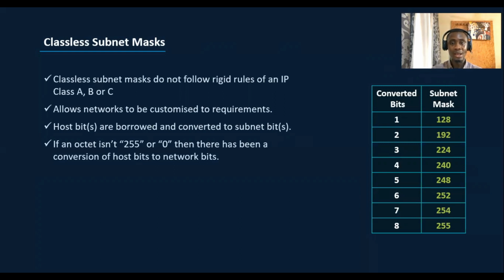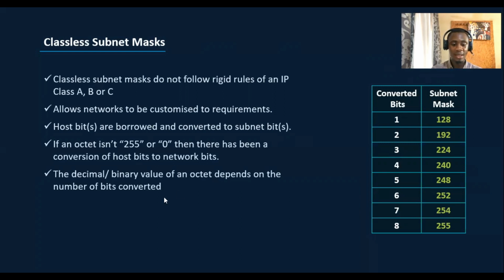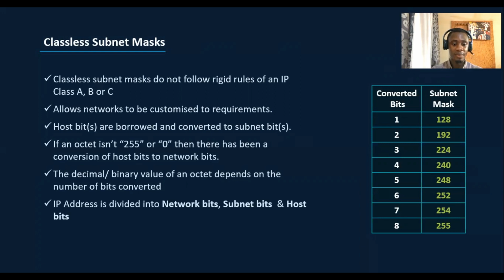So it's not like the classful subnets that we know. So the decimal or the binary value of an octet depends on the number of bits that you've converted. And so this time we'll have an IP address which is not just divided into network bits or host bits, but we'll also have subnet bits. So that's a new thing that has been introduced here.